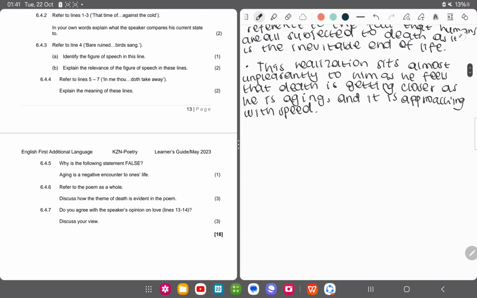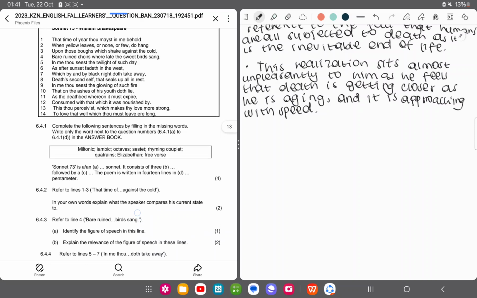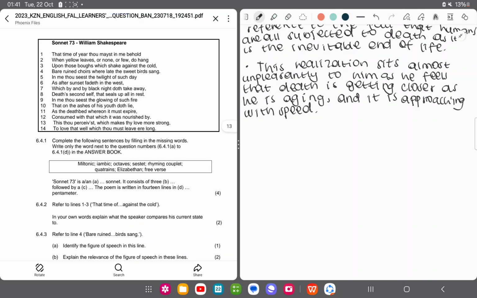Okay, so the theme of death is explained by the speaker when he, for example, compares his life to a dying fire. When he compares his life to a twilight, he compares his life to late autumn or winter. It just shows that he is speaking of death, right?